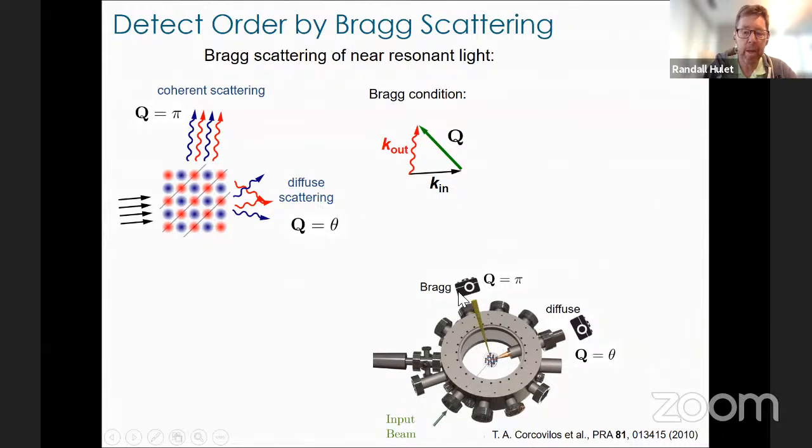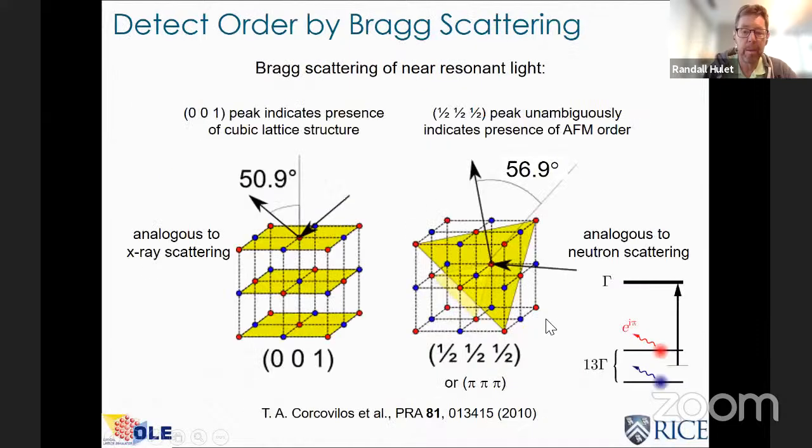We have a camera waiting to detect that scattered light, and another camera to detect the diffuse scattered light at this random angle. Here are a couple of the angles that correspond to the wavelength of our transition, the 2s to 2p transition in lithium, which is about 670 nanometers.